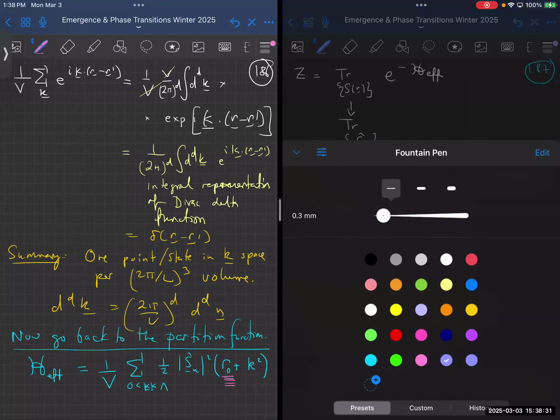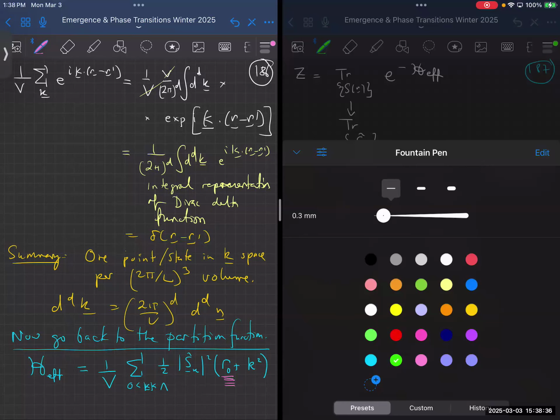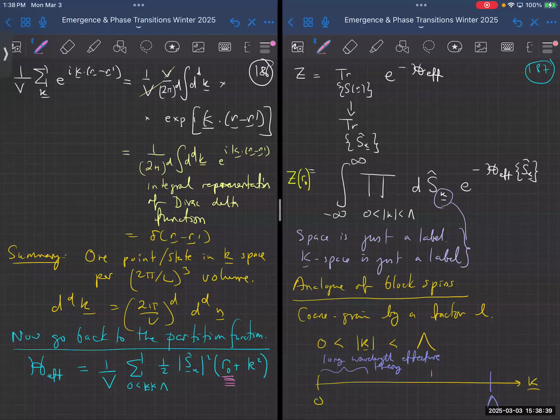That's what we want to do. So what we're going to do is we're going to do what Marie Kondo told us to do. We're going to take these Fourier components here, which do not spark joy, and we're going to discard these. So I'm going to say that this scale here, we'll say is set by lambda over L. And so these ones here do not spark joy. So we discard them, which means we integrate them out.